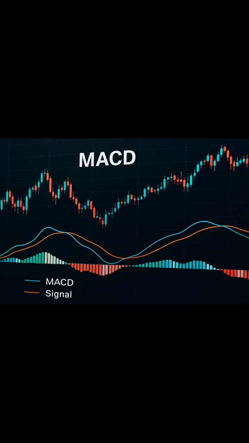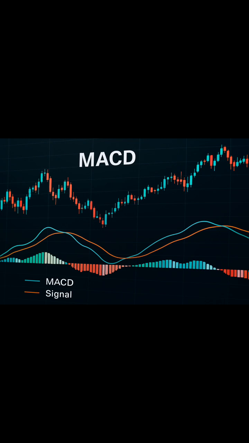Conversely, a bearish crossover, where the MACD line crosses below the signal line, could signal a selling opportunity, particularly when it occurs below the zero line, indicating strong downward momentum. It's important to consider the context of these crossovers. For instance, a bullish crossover during an uptrend may carry more weight than one occurring during a downtrend.